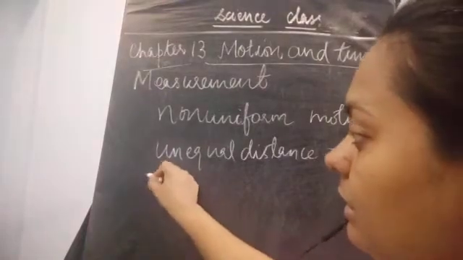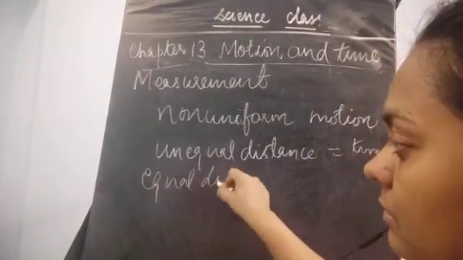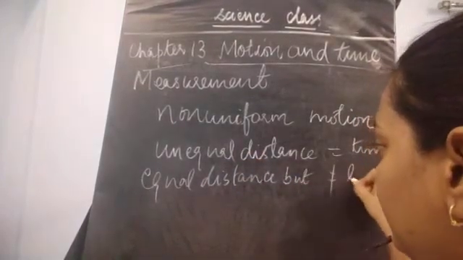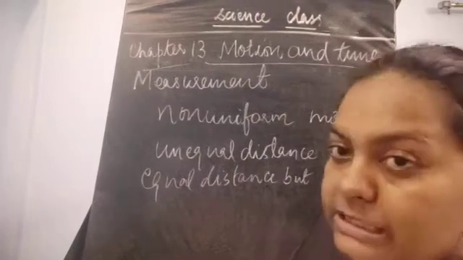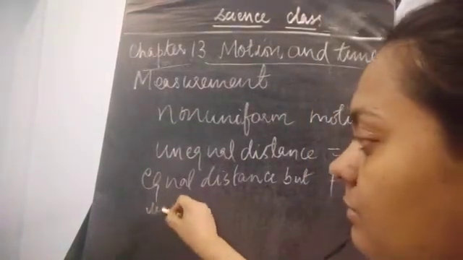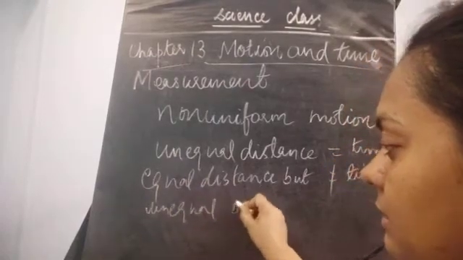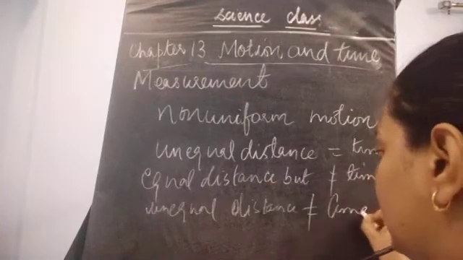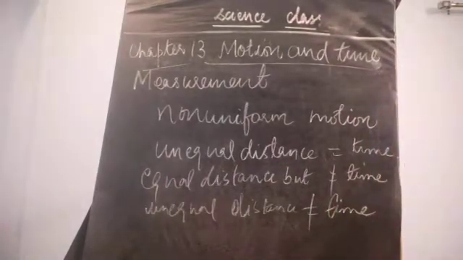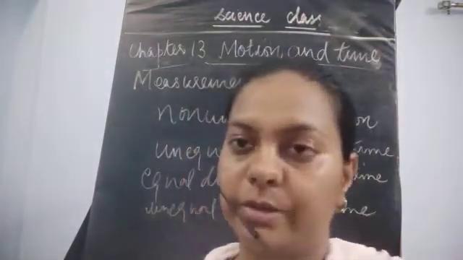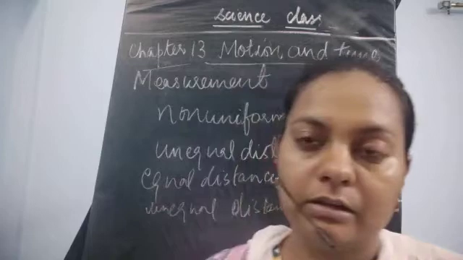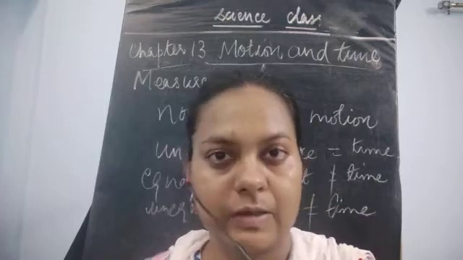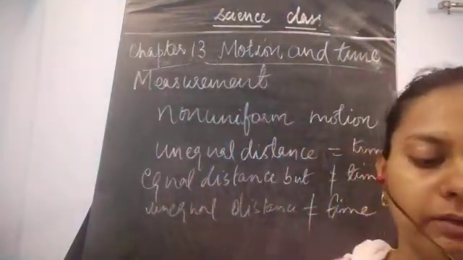Or it could be equal distance but unequal time, the second case. Or both of them are unequal, unequal distance in unequal time. So non-uniform motion could be in three ways: the object travels unequal distance in equal intervals of time, or both are unequal.